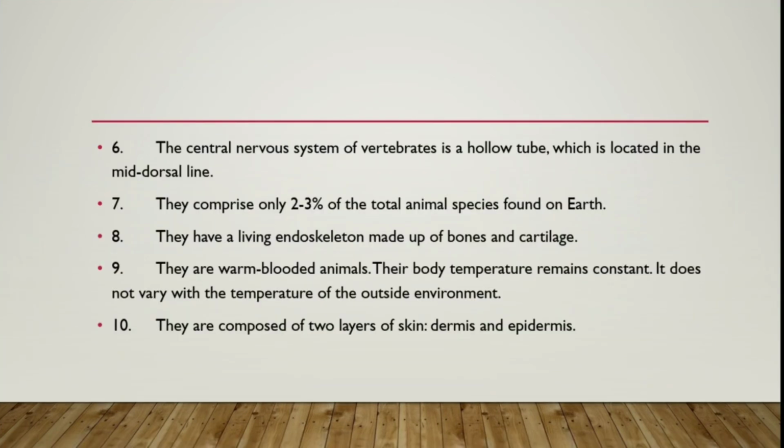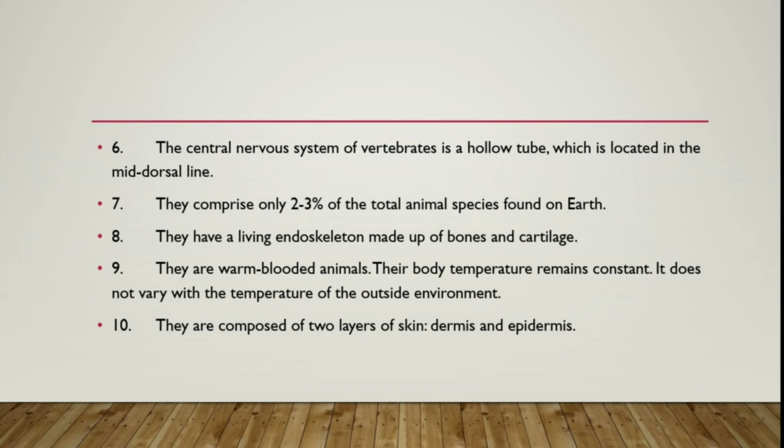Number 6 is the hollow tube of the vertebrates is located in the mid-dorsal line. And then 2 to 3% of total animal species found on Earth are vertebrates. And 8, they have an endoskeleton made up of bones and cartilage. Their body temperature does not change.